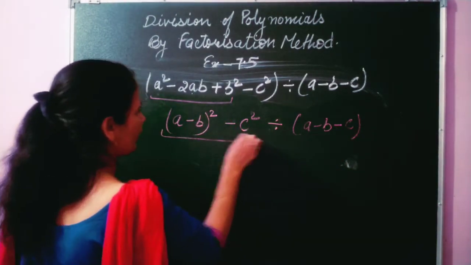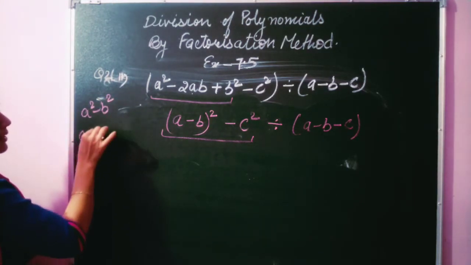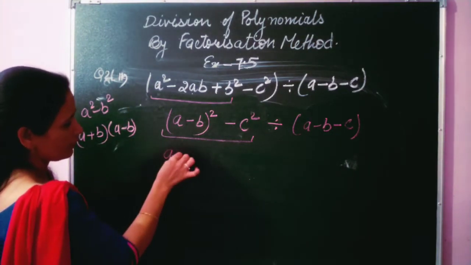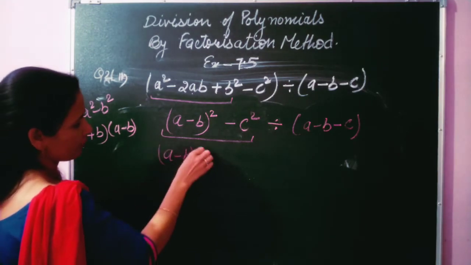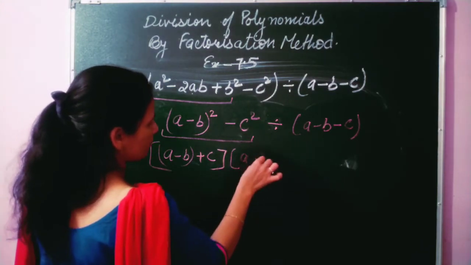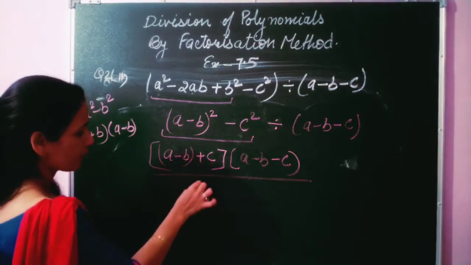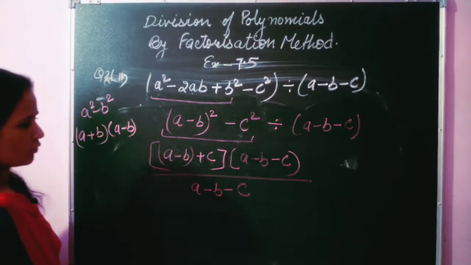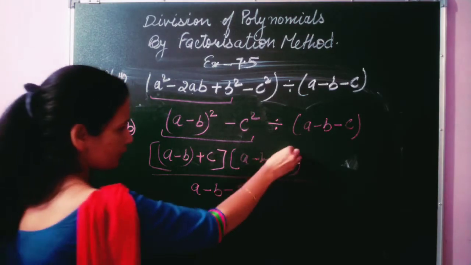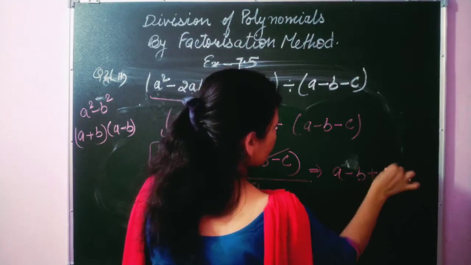We observe that a minus b minus c and a minus b minus c can cancel. Cancel this factor, and the answer that remains is a minus b plus c.